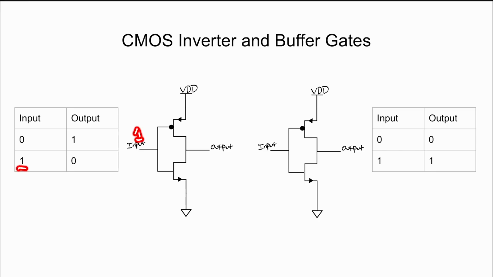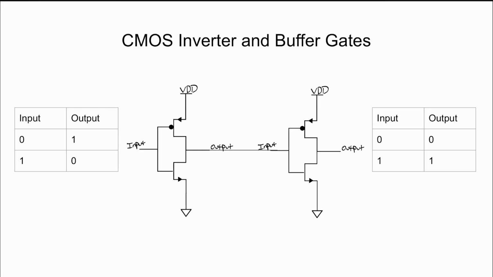Now, if we look at the second test case where we input a 1, the inverse is true. So current will not flow in the PMOS, and current will flow through the NMOS, effectively tying our output to ground or 0 volts or logic 0. And as I mentioned, a buffer is effectively just two cascaded inverters.